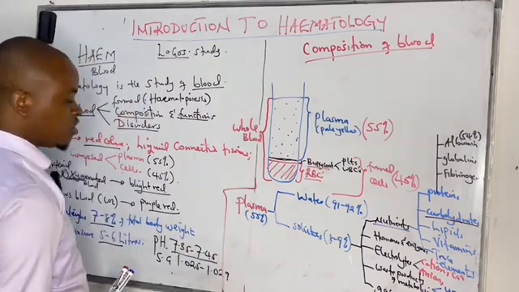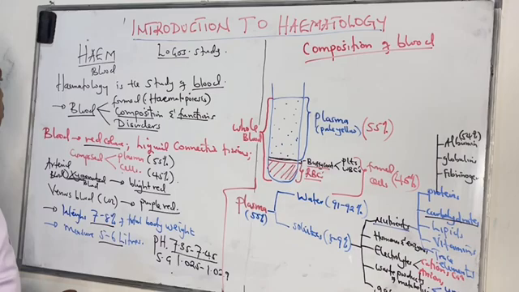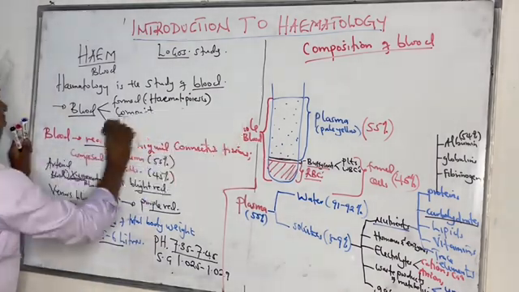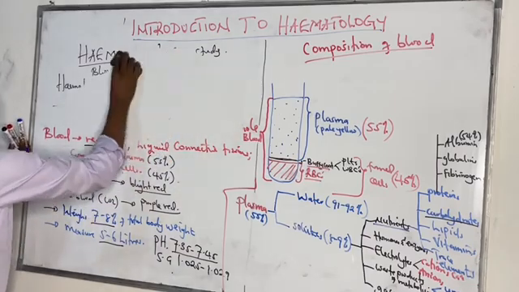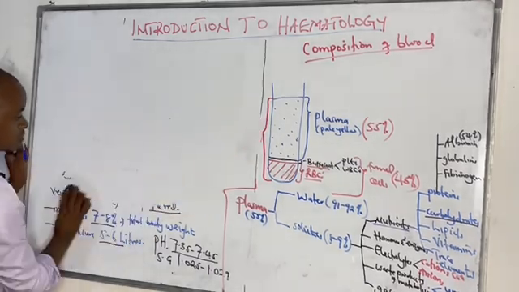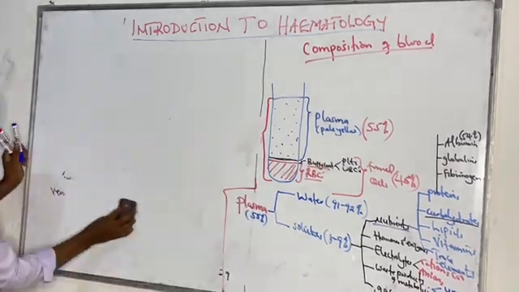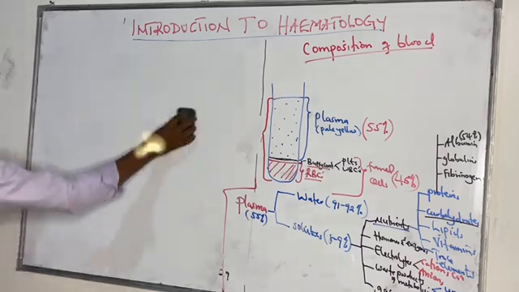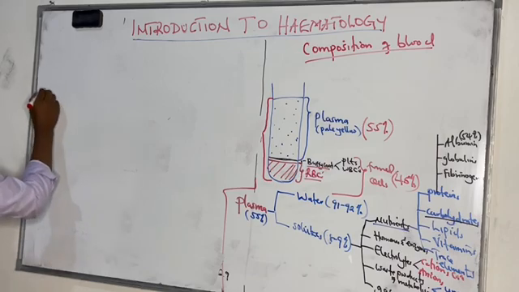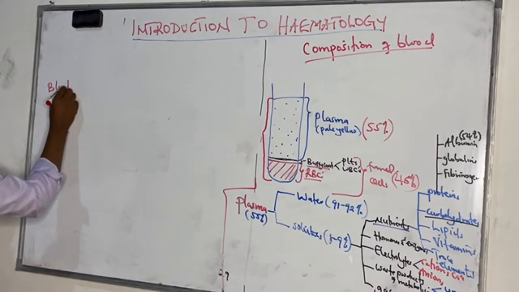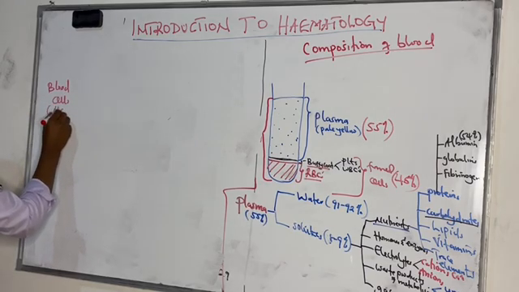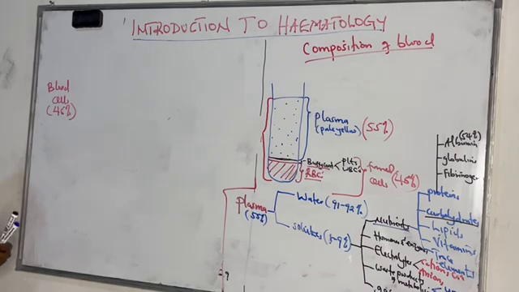After knowing the composition of plasma, now what we need to know is the composition of cells. In formed cells, what is there? So we have formed blood cells, and we say that these blood cells occupy 45% of the whole blood.